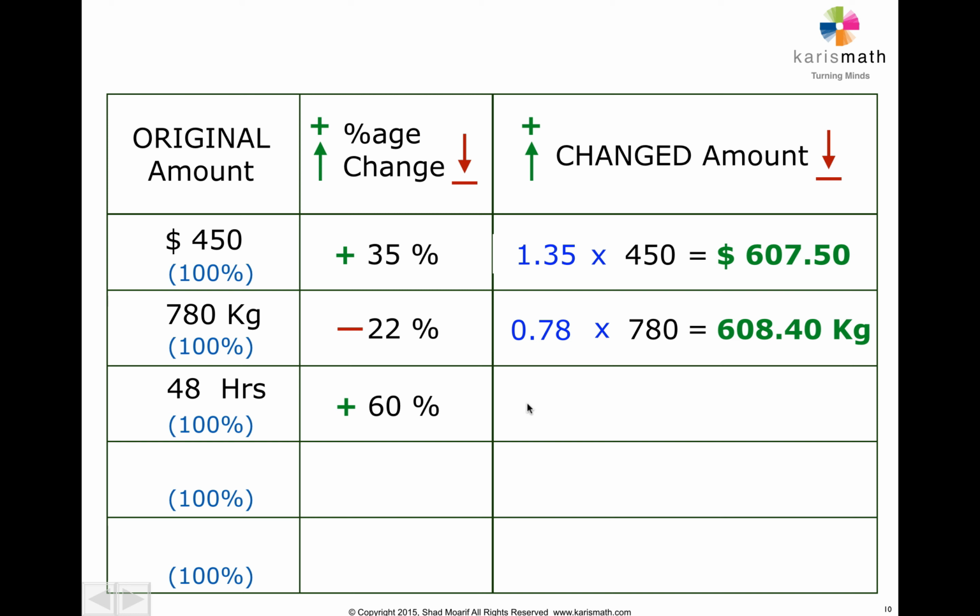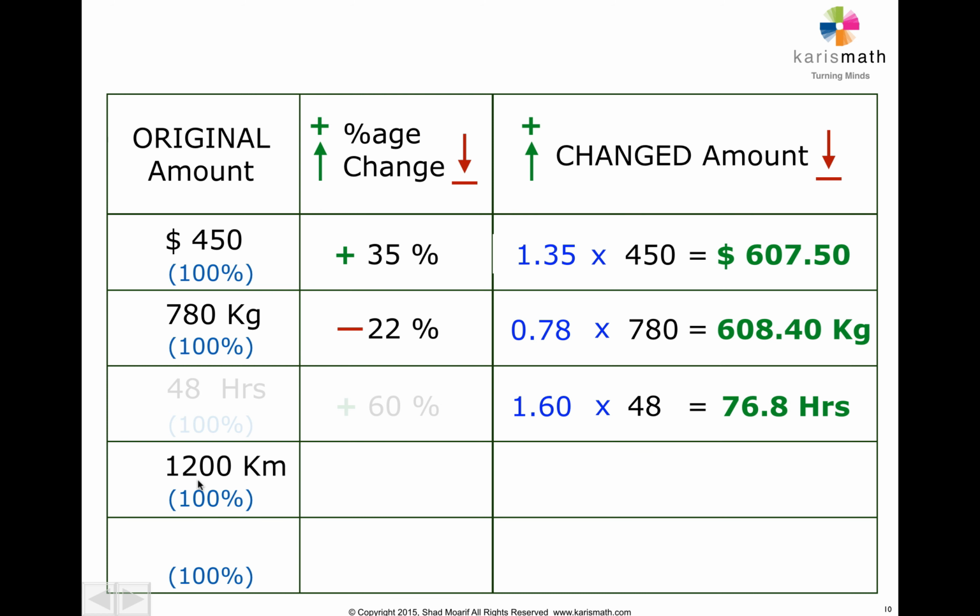What's the process? 160% of 48. Good. And how much is this? What do I write here? 1.6. That's right. Divide by 100. And then this is times. And what's the answer if you multiply the two? Excellent. 76.8 hours.